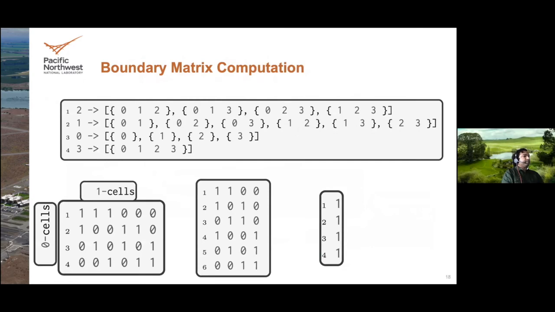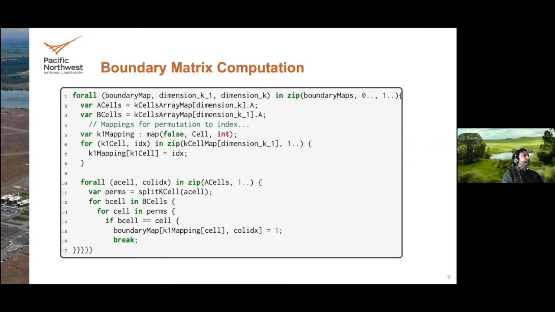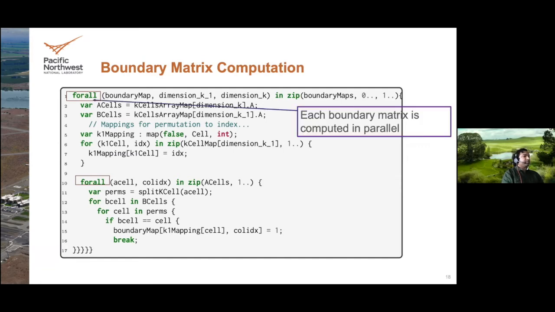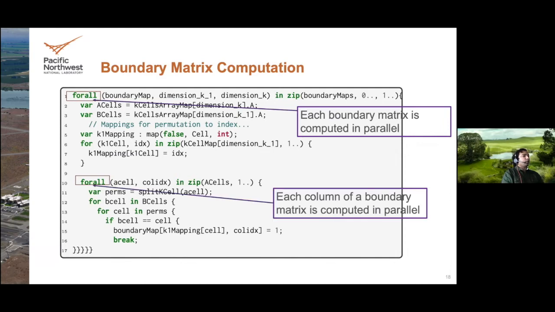Just to recap, at the bottom of the slide, you can see what we are computing here. The boundary maps are computed in parallel, and for each of the boundary maps, each of the columns is also computed in parallel.